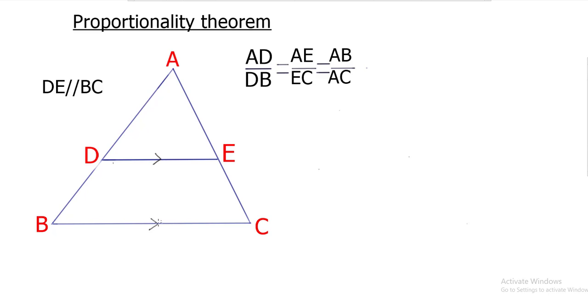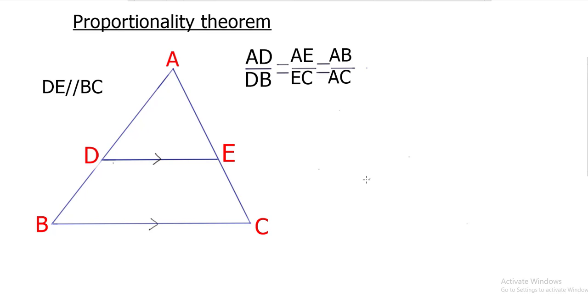Once you have a parallel line, then you will be able to use the theorem that we call the proportionality theorem. So today I'm going to focus on the proof of this theorem, how to prove this theorem.